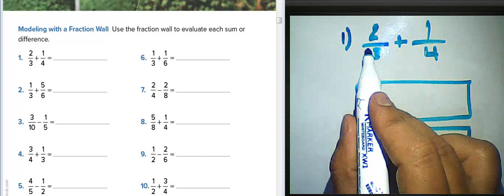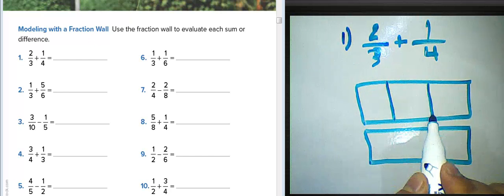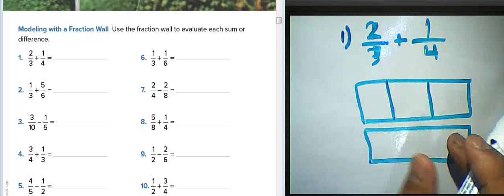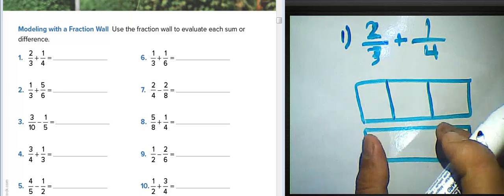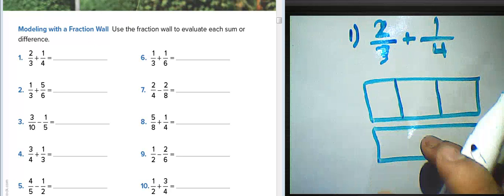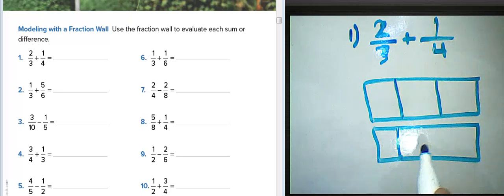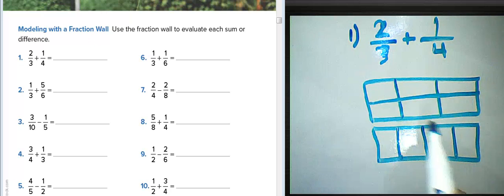I will divide the first model into 3 parts for 2 over 3, and the other into 4 parts, 1, 2, 3, 4, and then I will draw a horizontal line here.